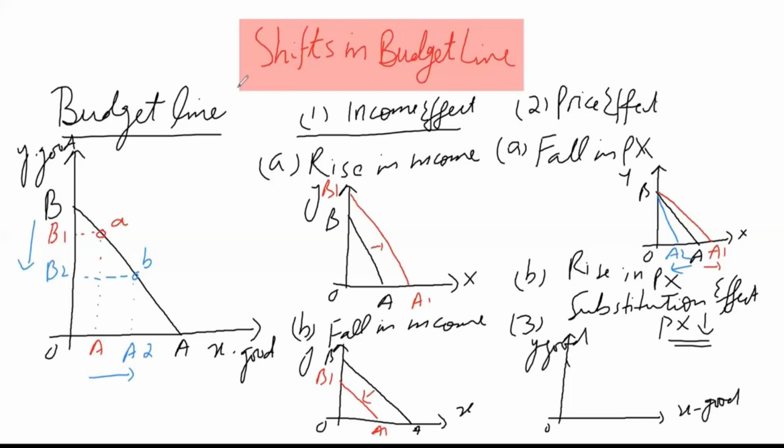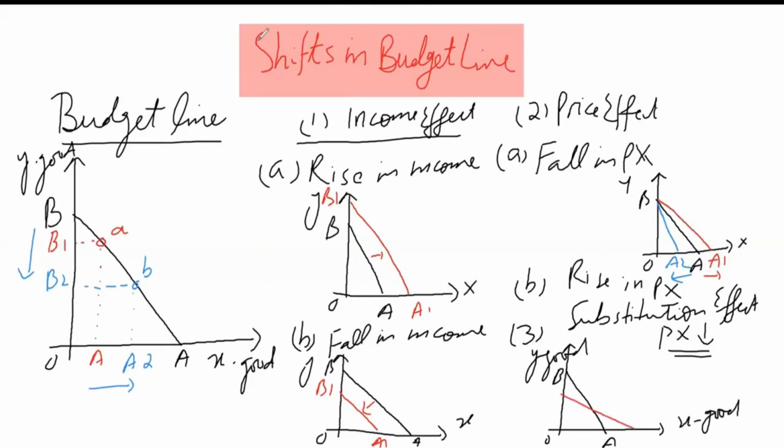Initial budget line is AB, and if there is a fall in price of X, the consumer thinks that his purchasing power for X is increased relative to Y. So the budget line will shift like this. The quantity of X that the consumer can purchase is A1, and the quantity of Y that the consumer can purchase is B1. So his purchasing power for X has increased while the purchasing power for Y has decreased.